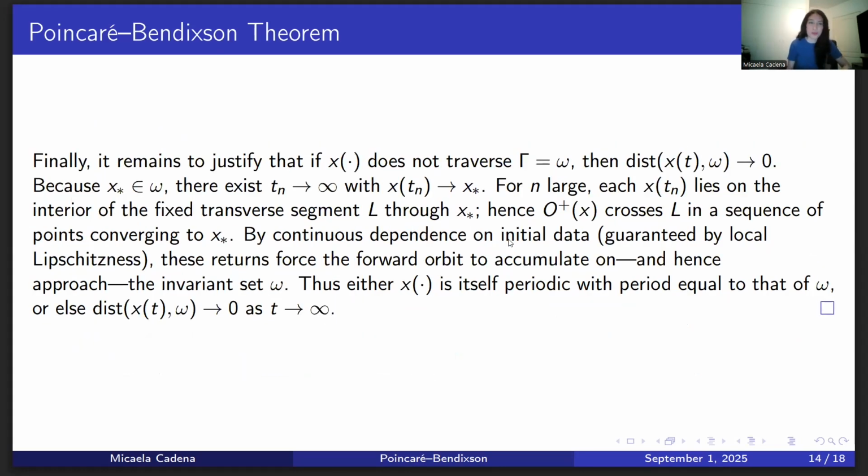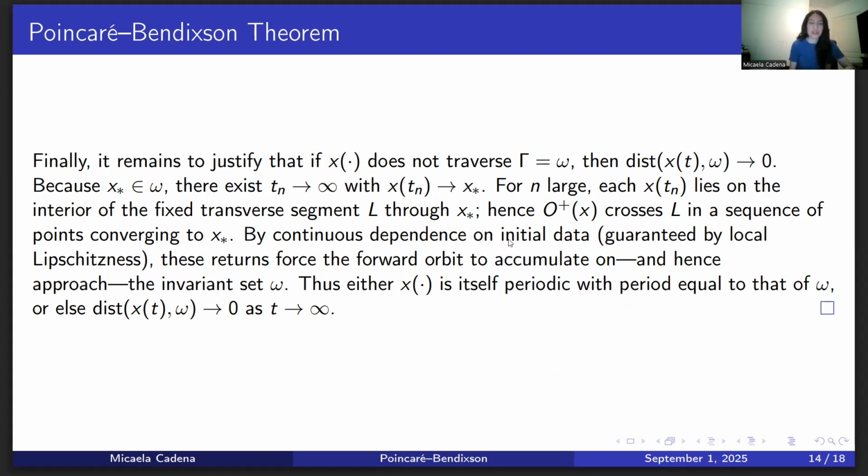So what's left to prove is that if the solution is not periodic, we can conclude that gamma is equal to the omega limit set, and then the distance between omega and the solution will tend to 0.